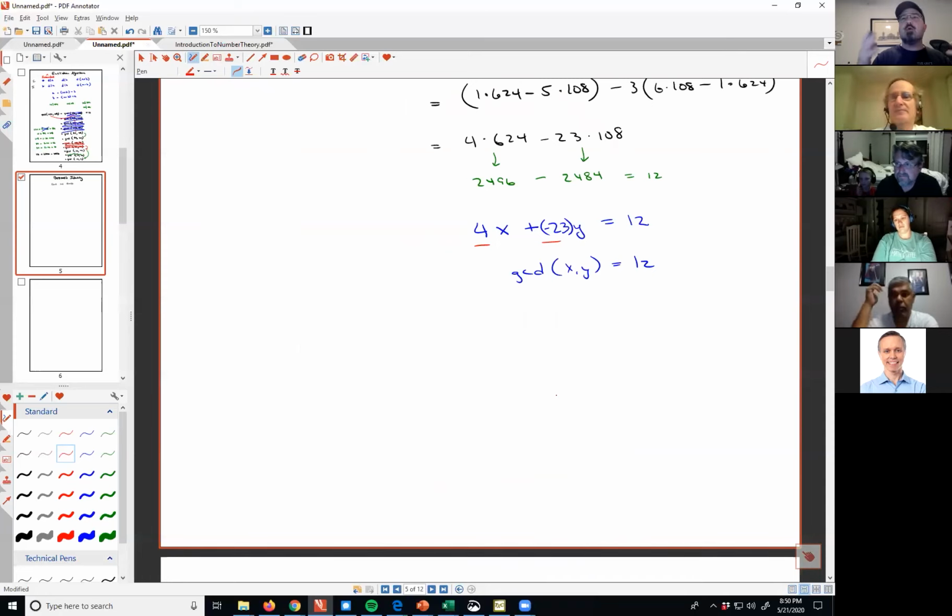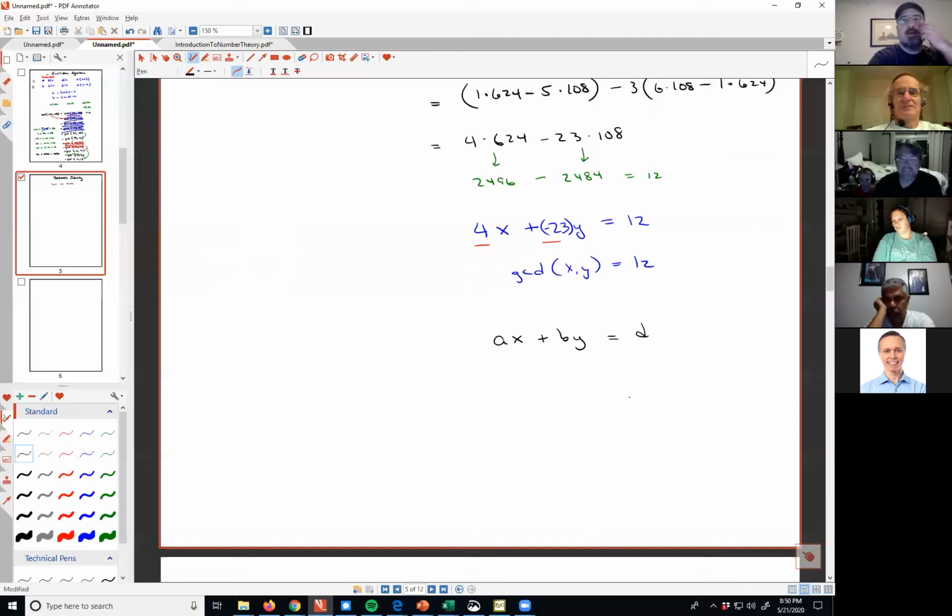We're going to discuss what a complete set of solutions would look like. So here we are. In general, we might say ax plus by equals d has solutions when, or when do we know it has solutions?